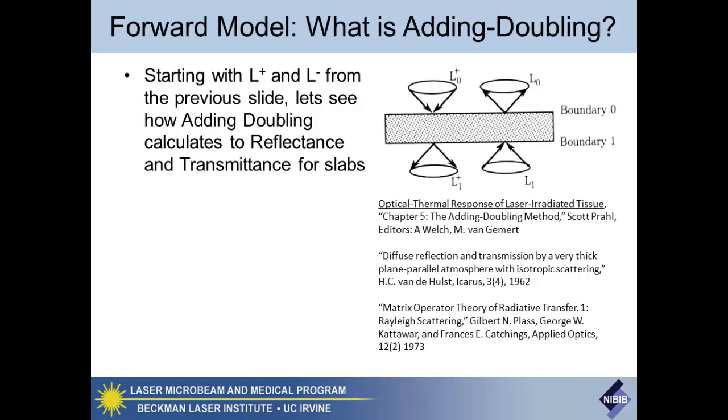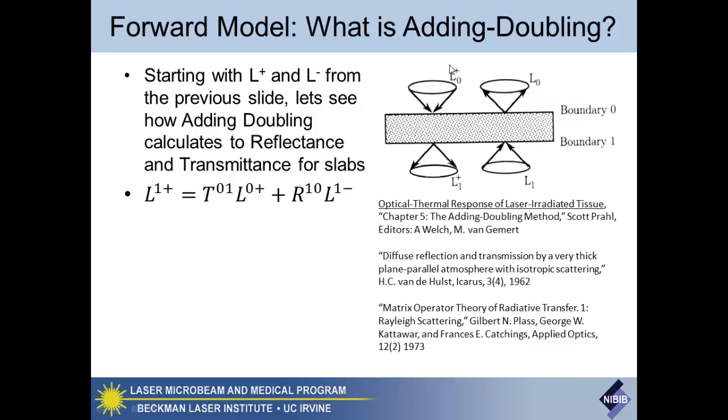To describe how this process works, if we look at a slab and we have our radiance, again there should be a minus sign over here and a minus sign over here indicating the direction. So it's either forward or backward directed radiance, and you can describe how light would propagate, and in this case, light exiting the slab here.